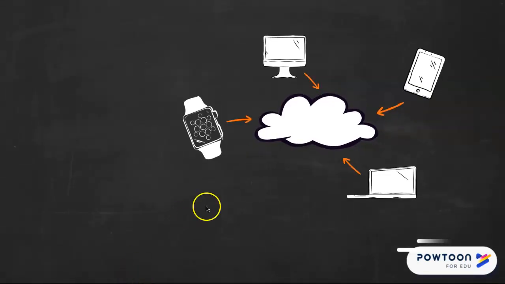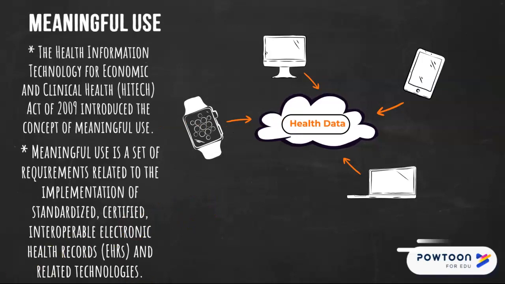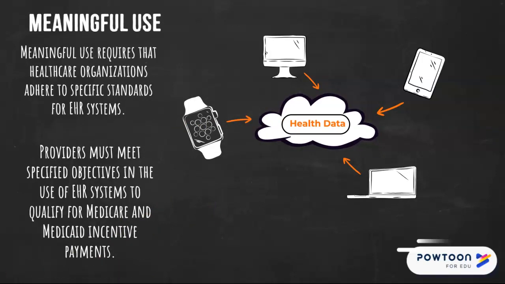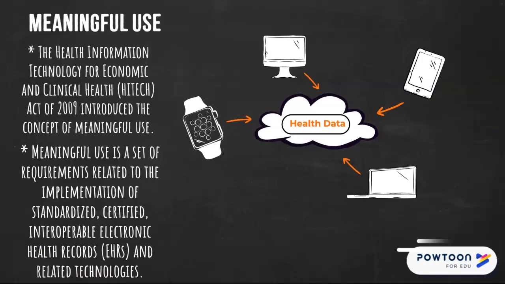Okay, so next we have meaningful use. Meaningful use comes from the Health Information Technology for Economic and Clinical Health Act, called the HITECH Act of 2009, and that HITECH Act introduced the concept of meaningful use.